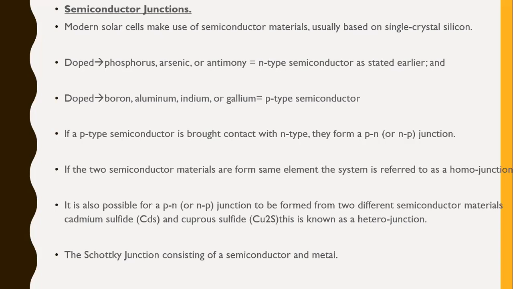If this P-type semiconductor is brought into contact with the N-type, then a PN junction or NP junction will be formed.